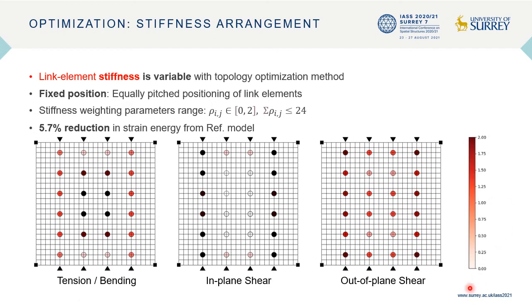It is the parameter distributions for each stiffness. The left shows the tension and bending stiffness, the middle is in-plane shear, and the right is out-of-plane shear. The colors indicate the parameter magnitude: white for 0, red for 1, and black for 2.